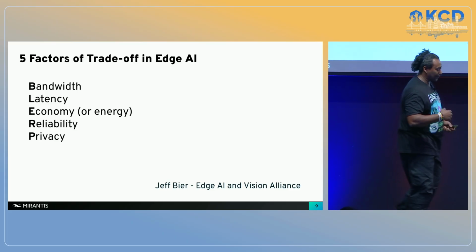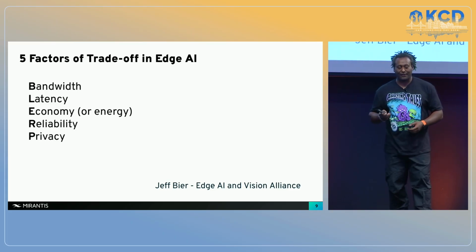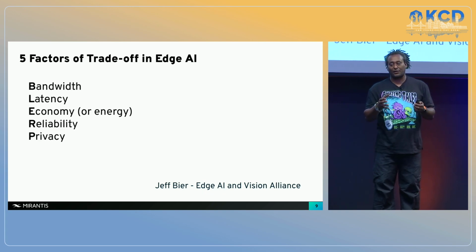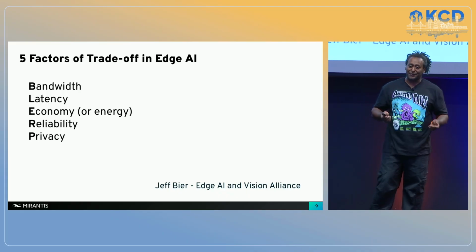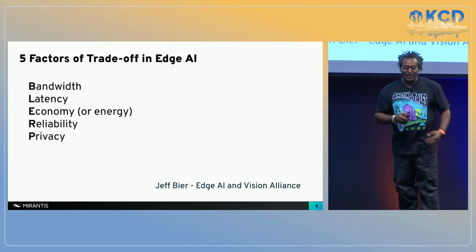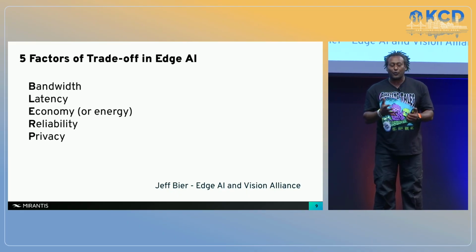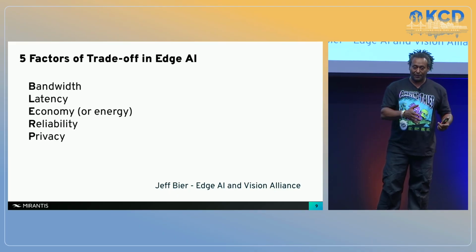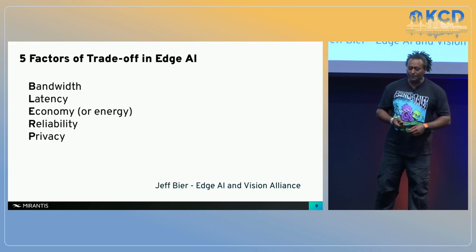We have, from the Edge AI and Vision Alliance, Jeff Beer created this framework, this tool that has an awful acronym, and it's called BLURP. I said it. So these five factors are very important to determine the trade-offs that we have to make to do AI on the edge.